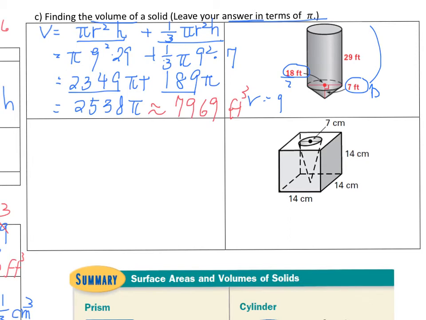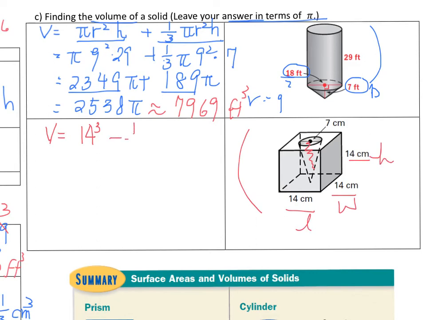Okay, for this next solid here, we basically need to find the volume of the entire cube and then subtract the volume of the cone, because there's nothing inside here. Okay, so let me do the setup. Volume equals 14 cubed, because the volume of the cube would just be 14 times 14 times 14, length times width times height.